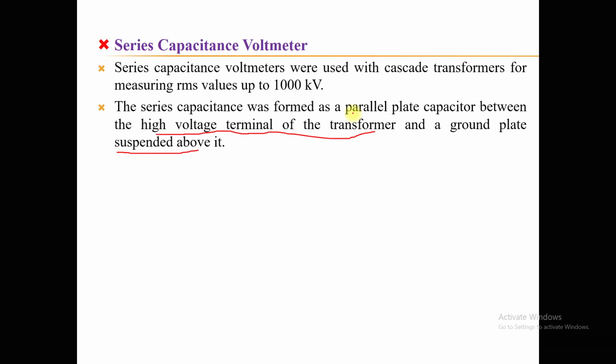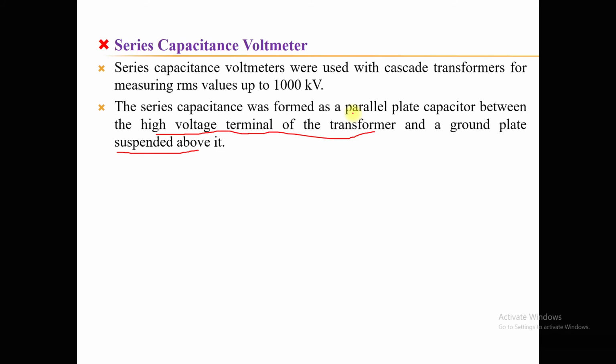That metering winding helps us in taking the measurement of the voltage. The parallel plate capacitor is formed between the high voltage terminal and the ground plate. So that is a simple series capacitance voltmeter which helps us measure the voltage magnitude of the cascade transformer.